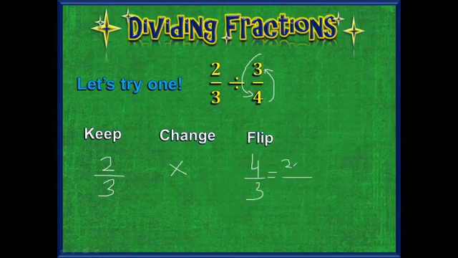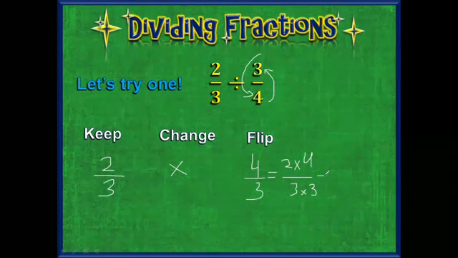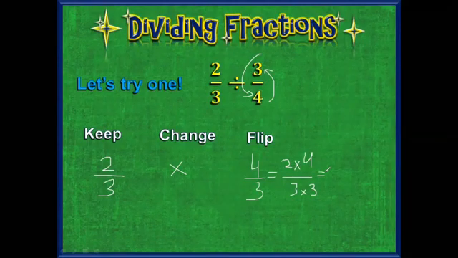We have to multiply the numerator by numerator and the denominator by denominator because we changed the exercise from a division exercise into a multiplication exercise. Now we have to simplify a number in the numerator and a number in the denominator by using a common divisor.